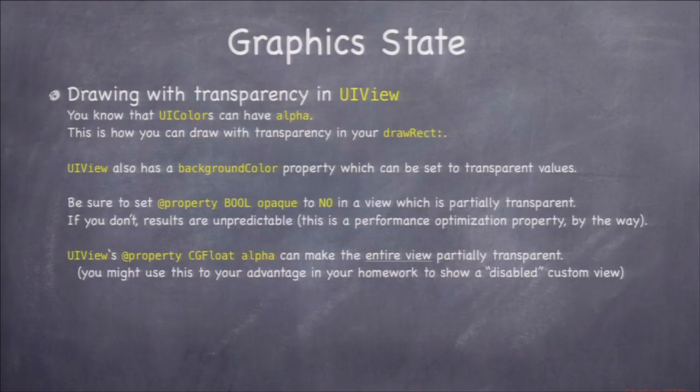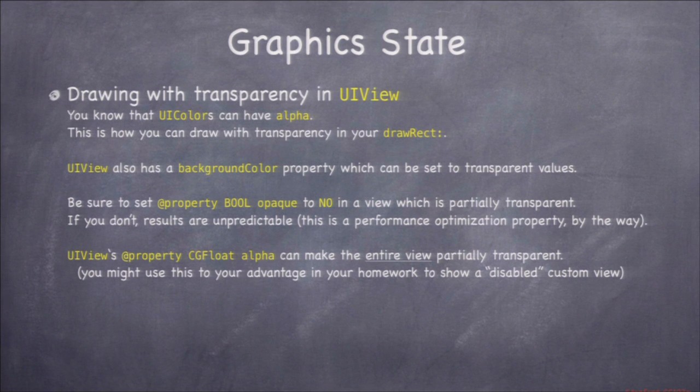Okay, let's talk about drawing with transparency in UI view. Okay, UI views by default are opaque. They have a background color. By default, it's white. And so if you put a view on screen and just run, it'll come out as a white rectangle. Okay? So that's not always what you want. So for example, in a playing card, I want it to have rounded rect, and I want those corners to show through. Maybe there's a card behind or something on the playing table that the card is on.